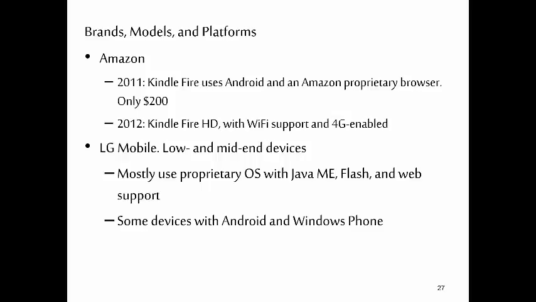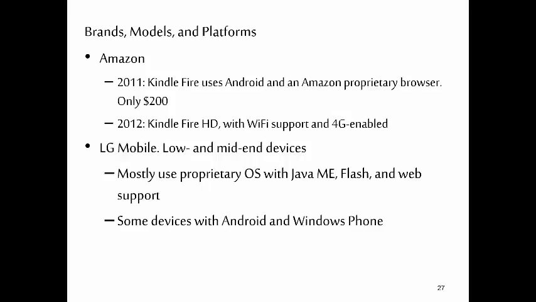One thing to note here is the Kindle Fire. The Kindle Fire is a very nice device. It's a tablet, and it comes with a proprietary Amazon browser. Now, as nice as the device is, the market share for the Kindle Fire is not that big.